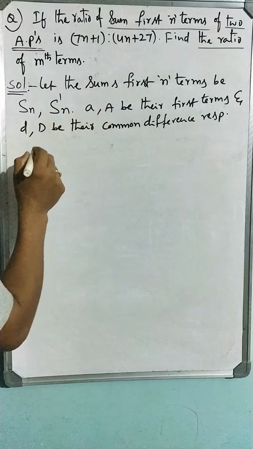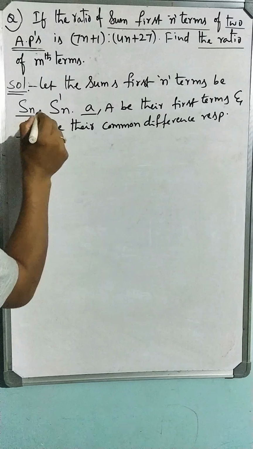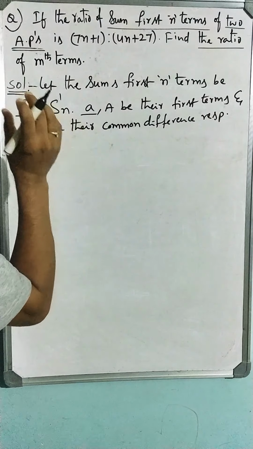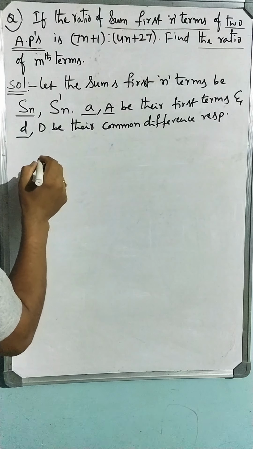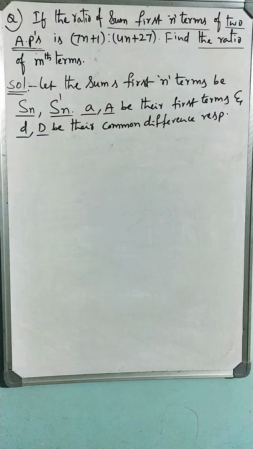So for the first AP, first term is a, common difference is d, sum of n terms is Sn. For the second AP, first term is capital A, common difference is capital D, sum of n terms is S dash n.